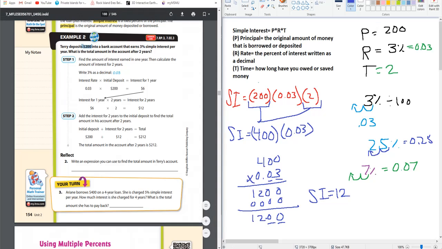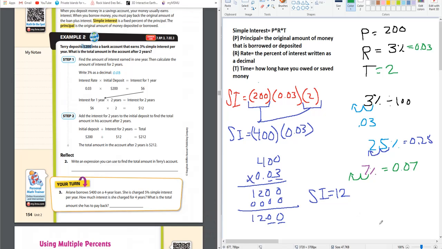So right now, if we were to look at this as like a graph, this is where we're at currently. This is $200. Let me see if I can write this legibly. Great. Now, if only I did it a little bit to the right. There we go. $200. This $12 is what I'm adding on top of it.